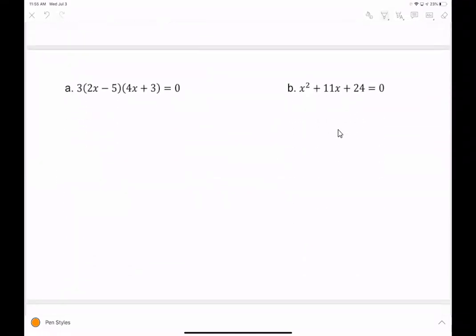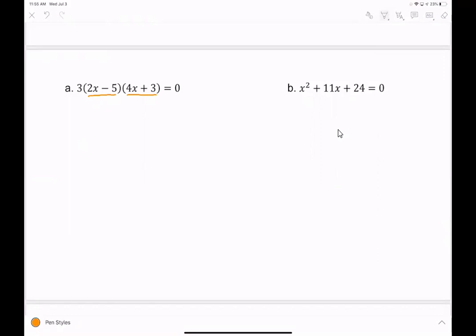So in this first example, we've got everything on one side equal to 0, which is how we want the equation set up. Notice how we've already got factors here. This is all multiplication.